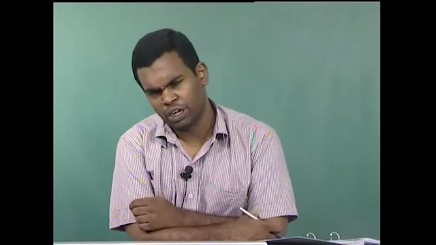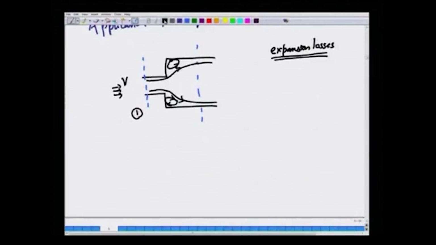For that, we need to know what the forces are. Let me just draw this diagram once again. As the fluid is flowing, there are two types of forces. One is the tangential force acting between point 1 and 2 on this surface. The other is the normal force.